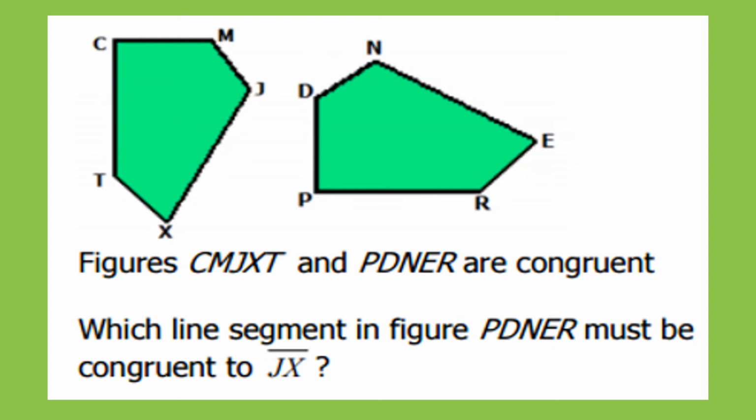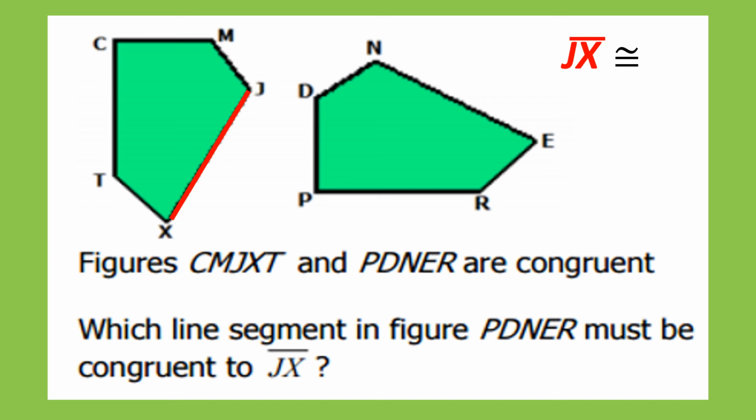They are congruent. So since they are congruent, which line segment in PDNER must be congruent to JX? So we got line segment JX. Where's JX? We got to figure out what it's congruent to. Well, there's JX. Now, what makes this tricky is PDNER is congruent, but it's been rotated. So we've got to try to figure out where JX would fall if it were in the other polygon.